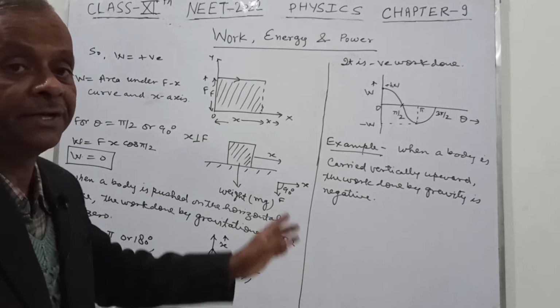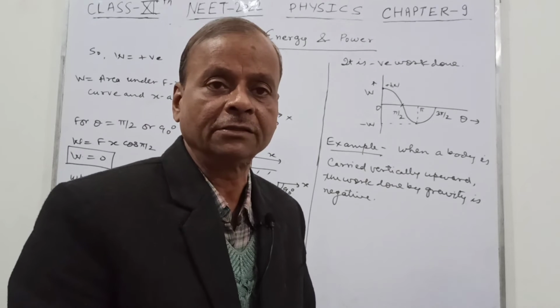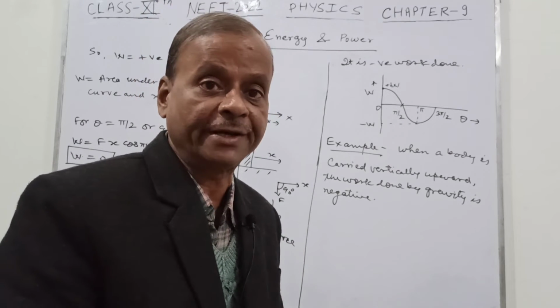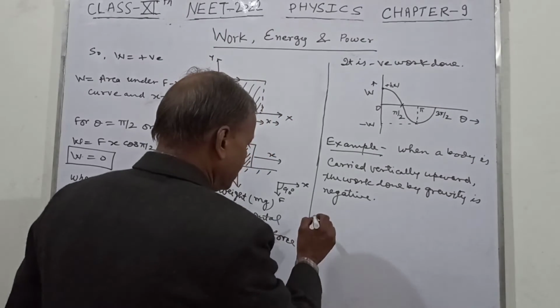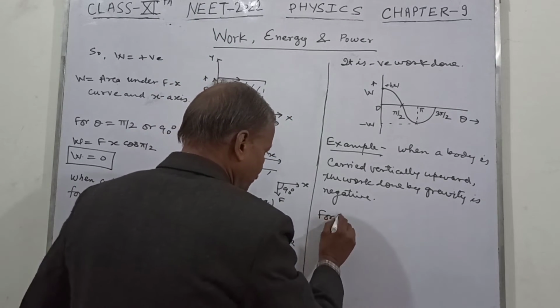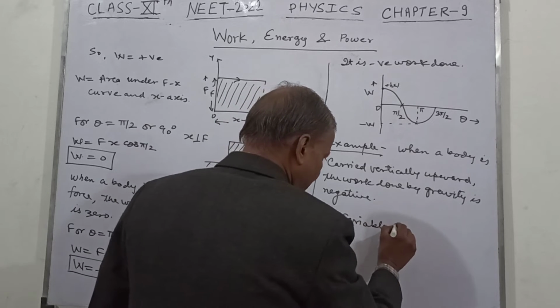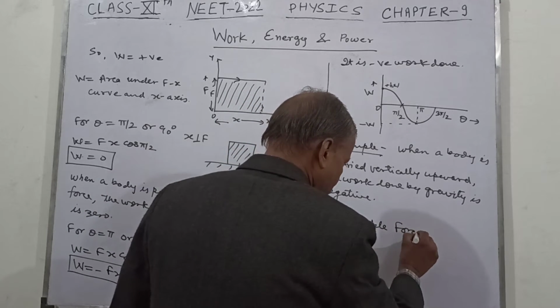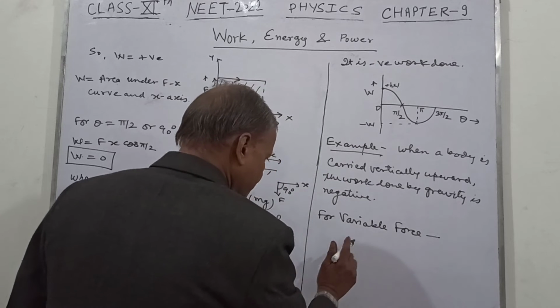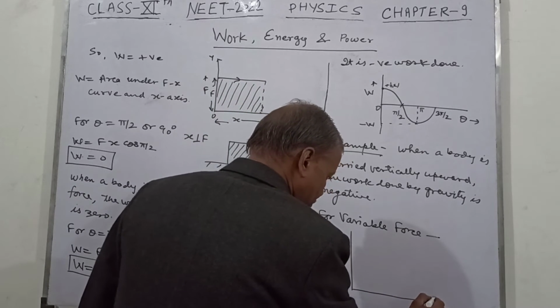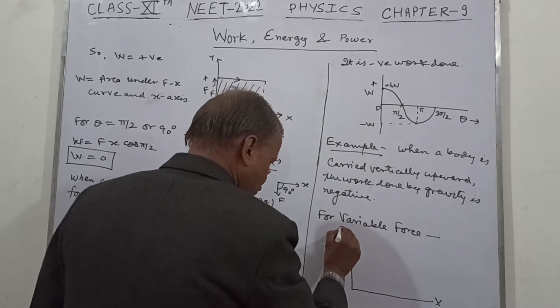So this is, we have taken a force which is acting on the body. The force is constant. If suppose the force is variable, for variable force, now what we have, this is now suppose x, this is now suppose your y.